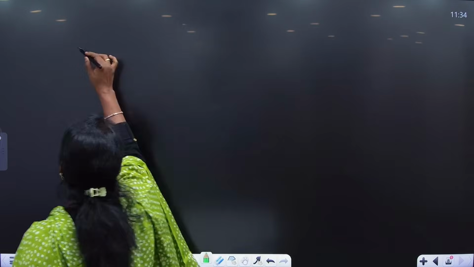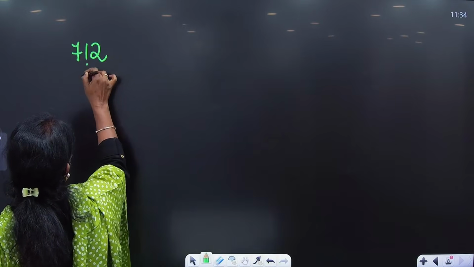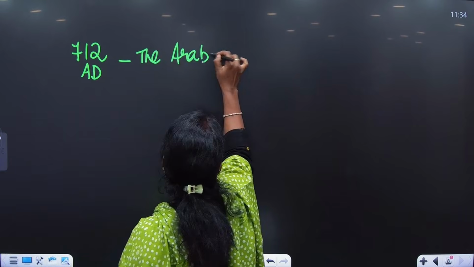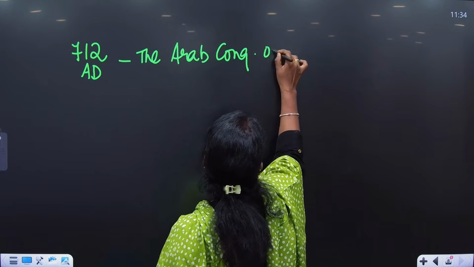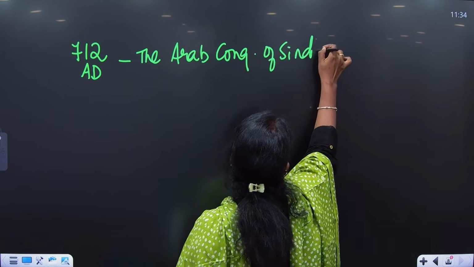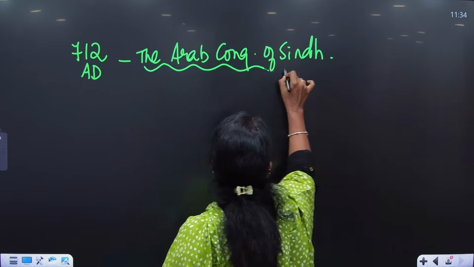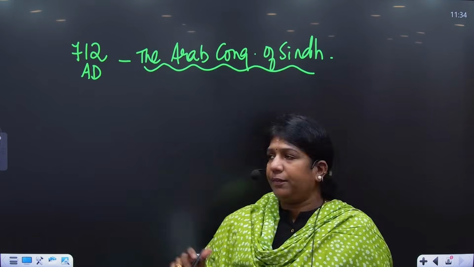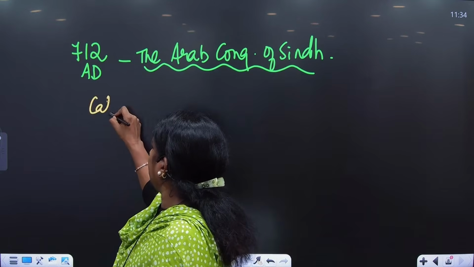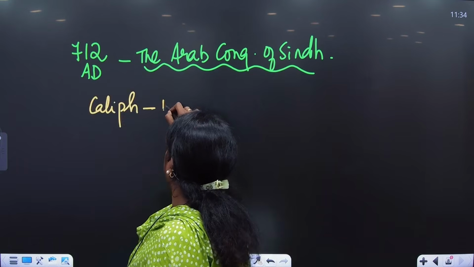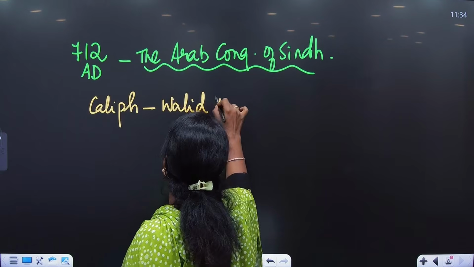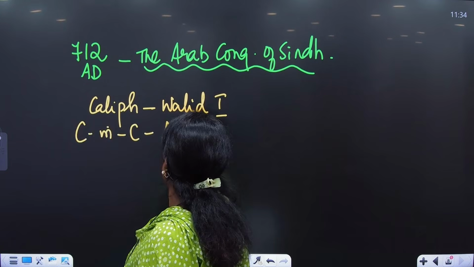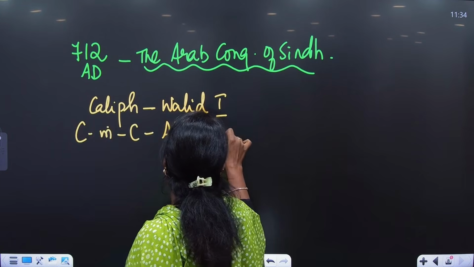What exactly happened in 712 AD? The Arab conquest of Sindh. If you look at the Arab conquest of Sindh, we have to see the Caliph then was Walid the First. The Caliph's commander was Al-Hajjaj.